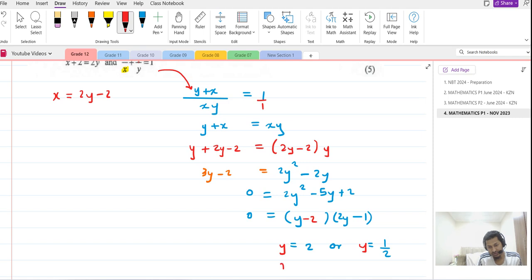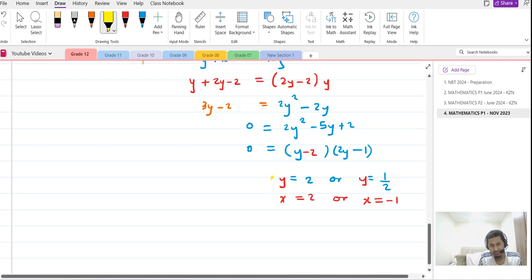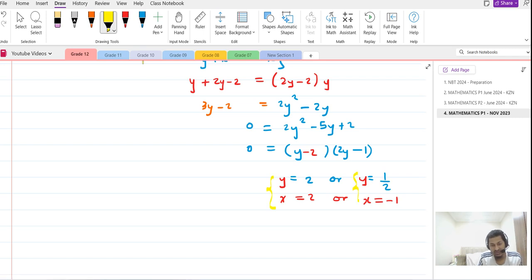So x is 2. Or if y is half, 2 times half is 1, and 1 minus 2 is minus 1. So x equals minus 1. So these are my answers: 2, 2, or -1 and half.